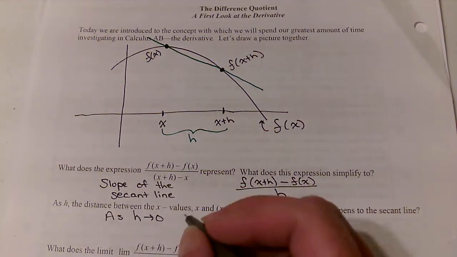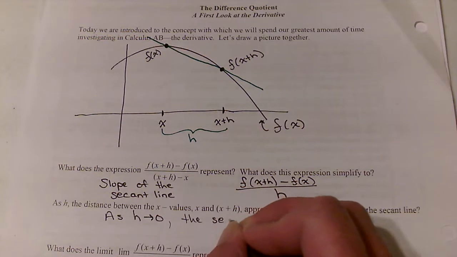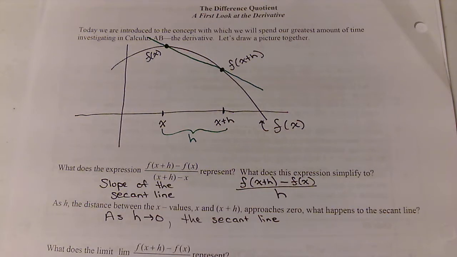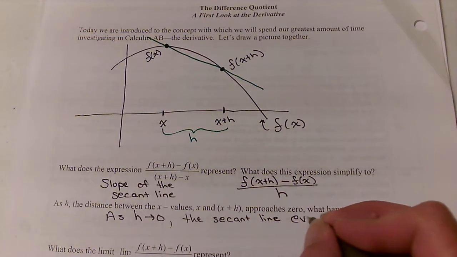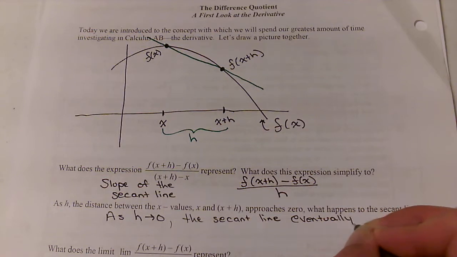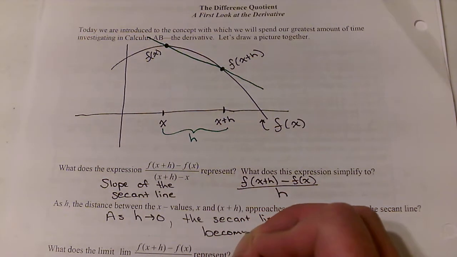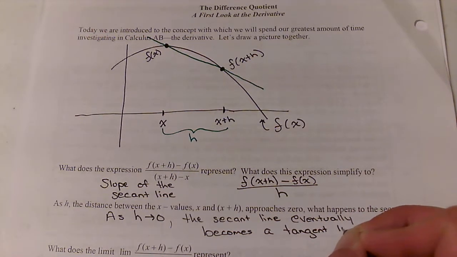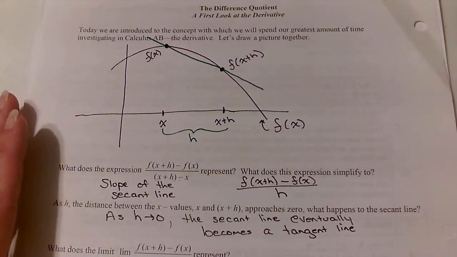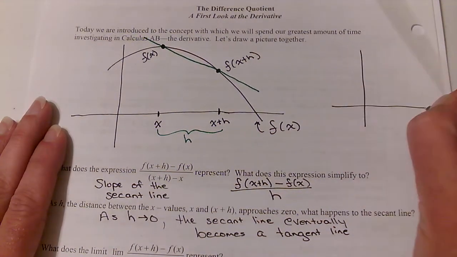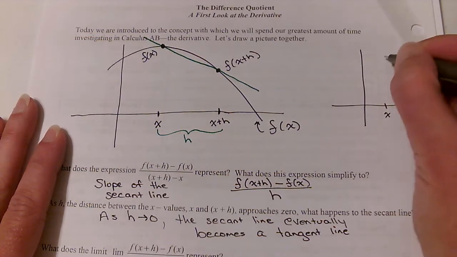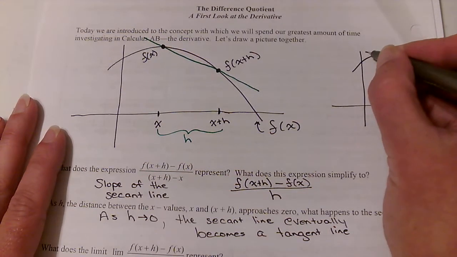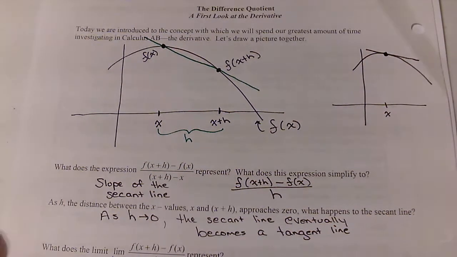Well, how can I word it? Eventually it becomes what is called a tangent line. So if I got it super close, I'm actually getting it where we would just be looking at what is the slope right there. Tangent line touches at one point.